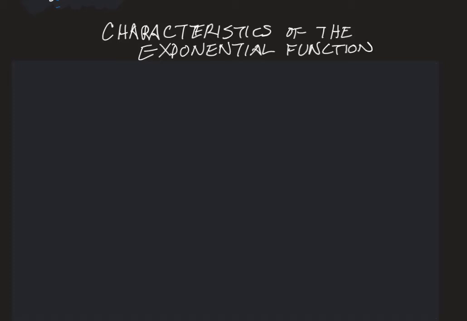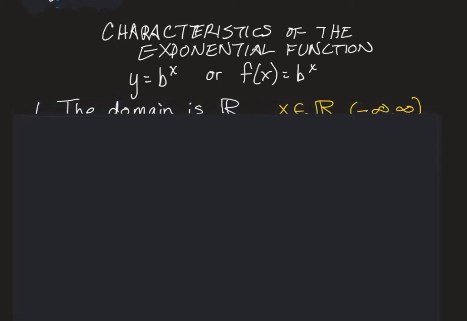All right. So the exponential function, well, we can write it two different ways: y equals b to the x, or f of x equals b to the x. The domain is all real numbers. That can also be written as x is an element of the reals, and that's what that symbol means there, element.